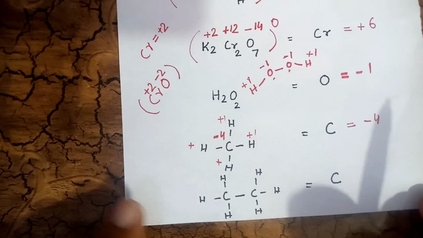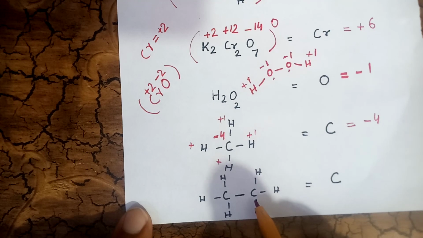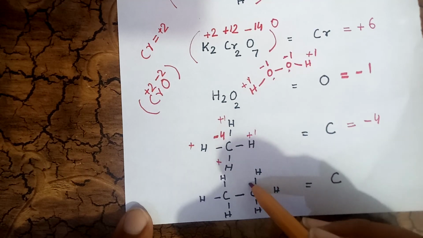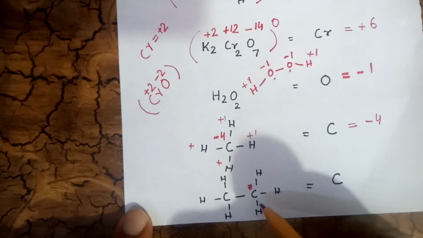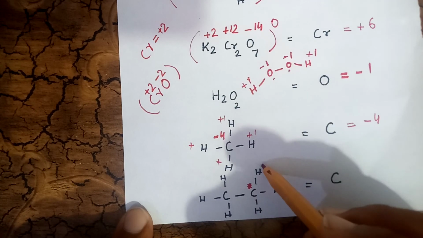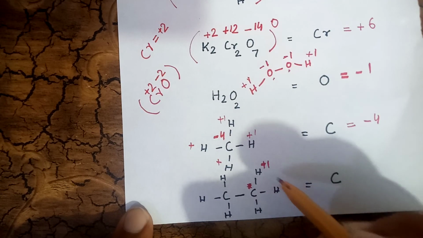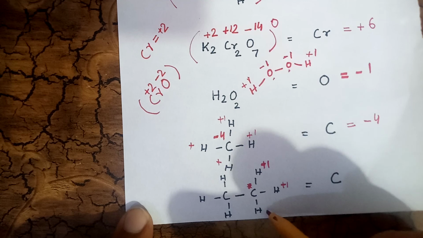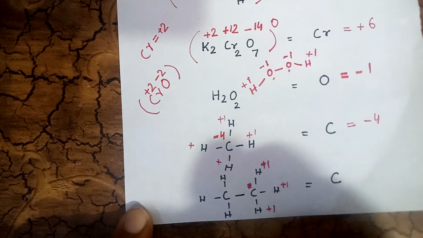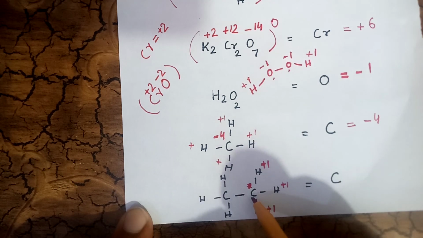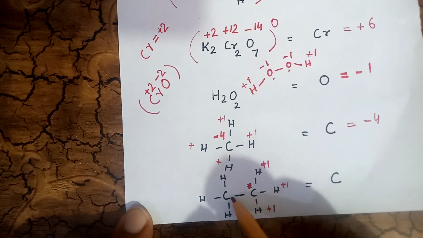Now look here, what will be the oxidation state of carbon here? This carbon is linked with hydrogen, which is always +1, +1, +1. And the oxidation state of this carbon when linked with another carbon atom is not affected.